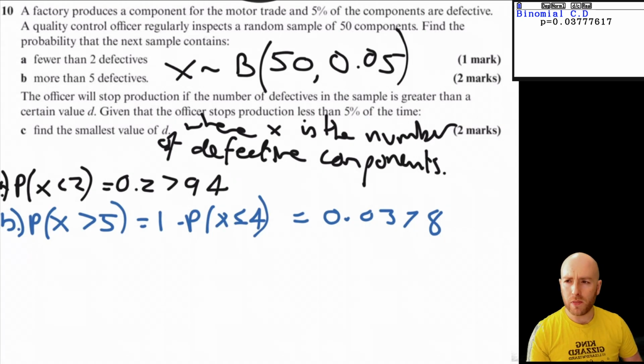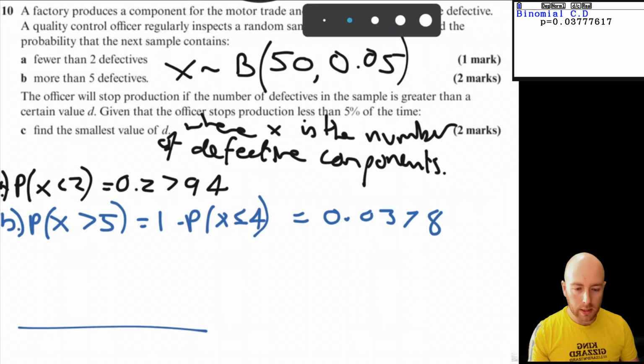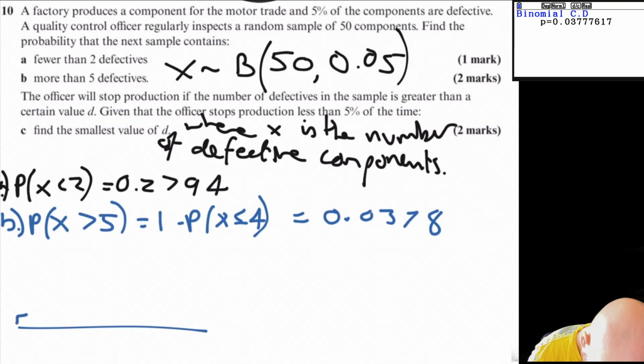And last bit, they'll stop if defectives reach greater than a certain value d. So I'm going to draw my distribution. Most likely, 0.05 times 50, which is 2.5.